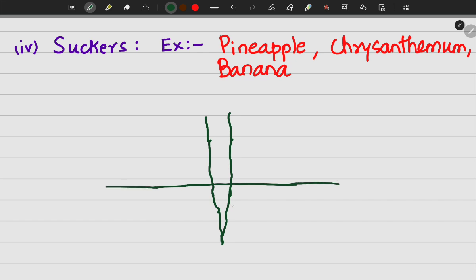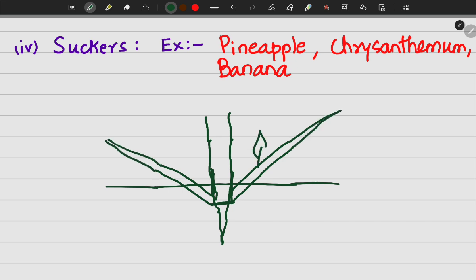Lateral branches arise from the underground part of the plant. So this is the basal portion of the stem near the soil, and from this basal portion of the stem, new lateral branches will arise and they grow obliquely. These branches that are formed obliquely will form a new plant.